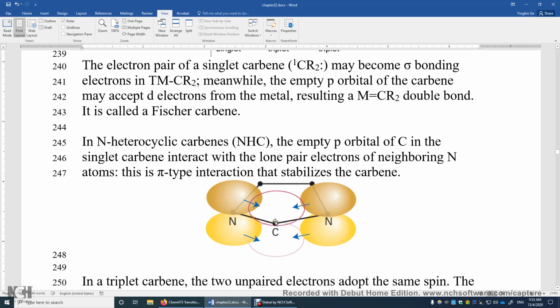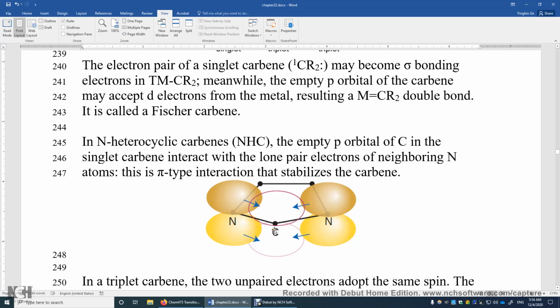There are ways to stabilize carbene structures because, look, there's an empty p orbital on this carbon, right? And if there are lone pair electrons from the neighboring atoms, for example, a nitrogen atom, those lone pair electrons may flow into this empty p orbital.